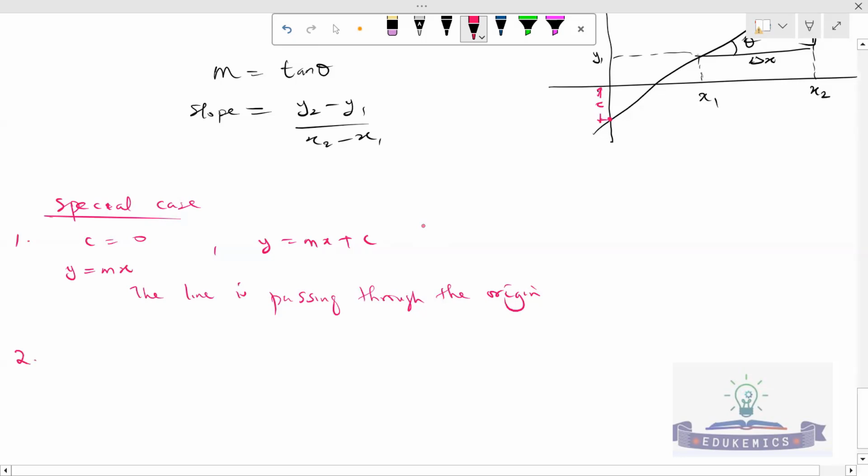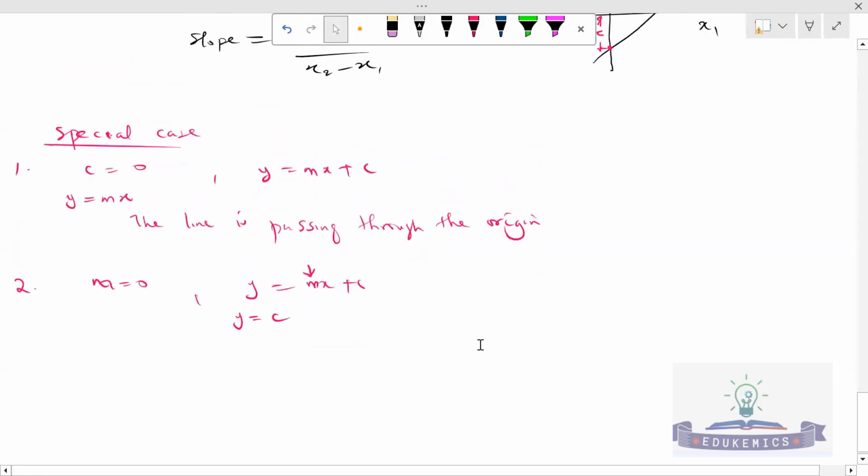The second case is when m equals 0. Let's write our equation, mx plus c. When m is 0, we are left with y equals c.